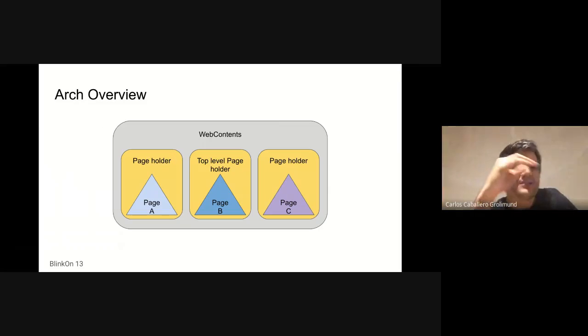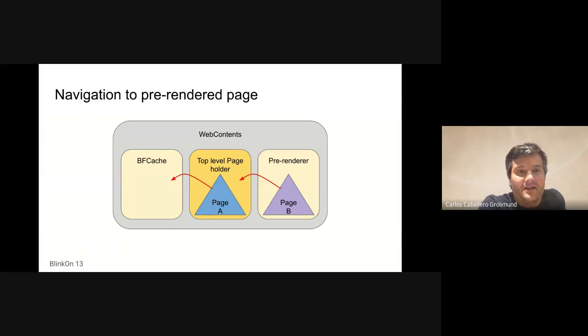So yes, as Lucas said, we have this web contents that will be able to hold multiple pages. Some of them will be visible or invisible, depending on the use case. So let's have a look at a couple of those use cases. So for the pre-render example, the top level page there is visible, is the one you're looking at.